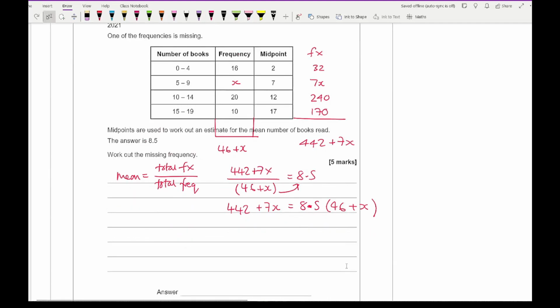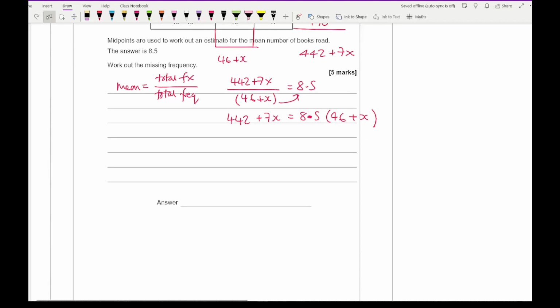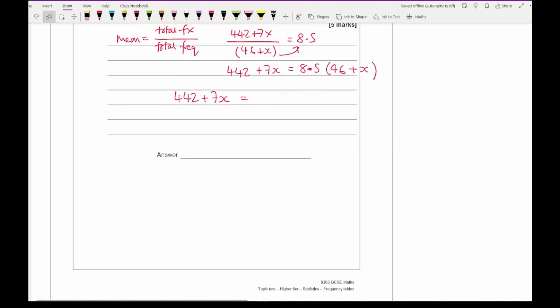So then if I expand the brackets, I end up with 442 plus 7X equals, now 8.5 times 46 is 391, plus 8.5X. Now sticking all the X's on one side and the numbers on the other, I'll take 7X over to the other side, 391 over to this side.